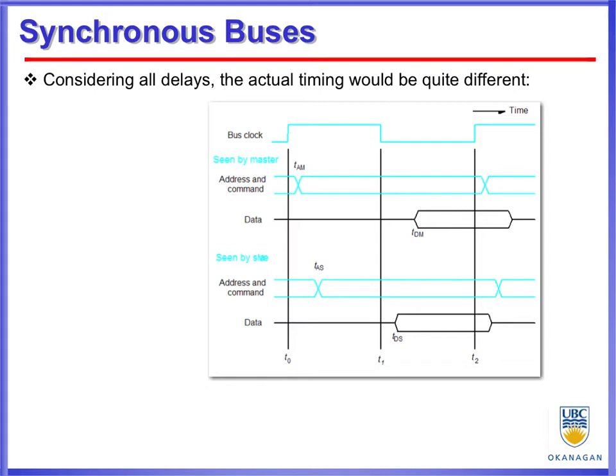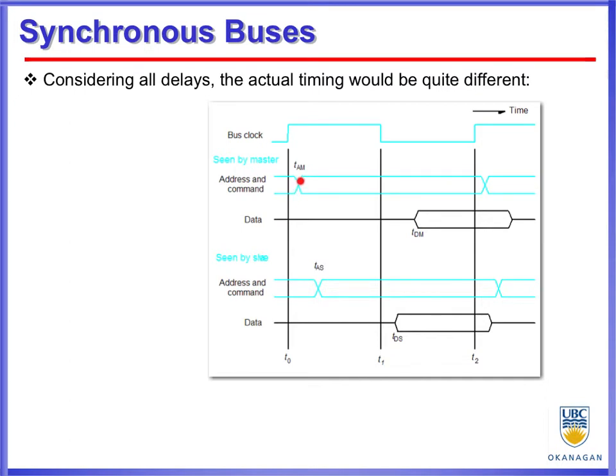Okay, so if we look at what's going on, again, things tend to happen on the edges, but now there's delays. So at this point in time, yes, the master is going to change the address and command information on the bus, but it takes a little bit of time because of the output circuitry of the processor before that information actually hits the bus. Okay, so yes, the processor does it at this time, but there's delays in the circuitry, okay?